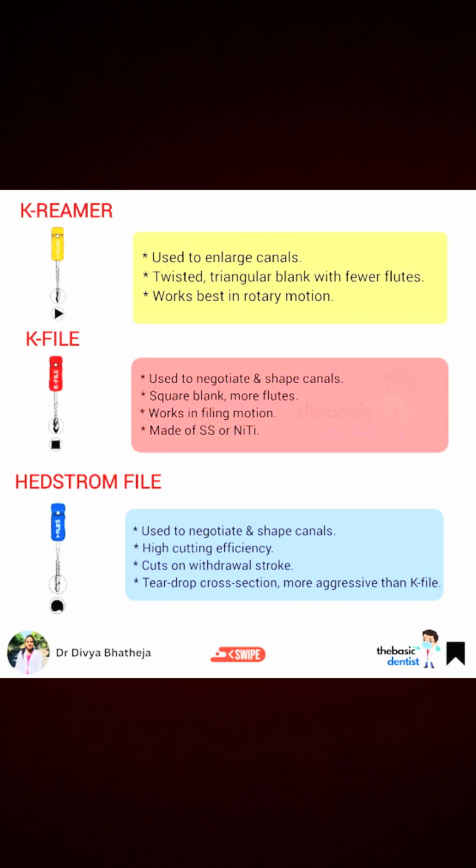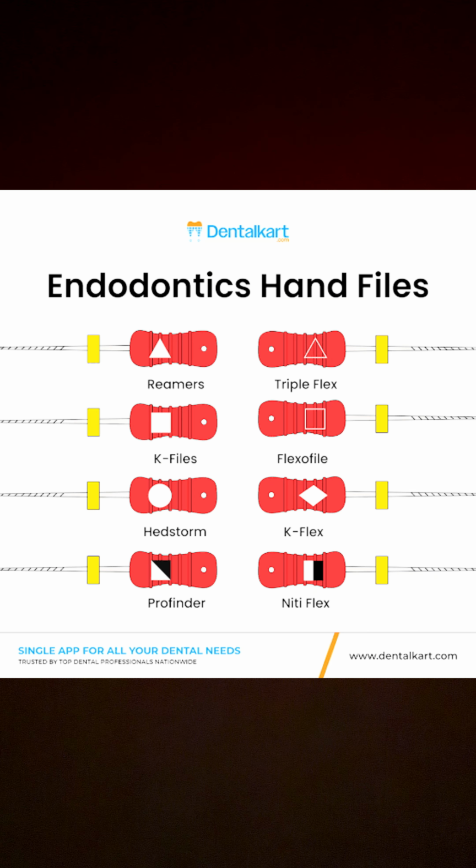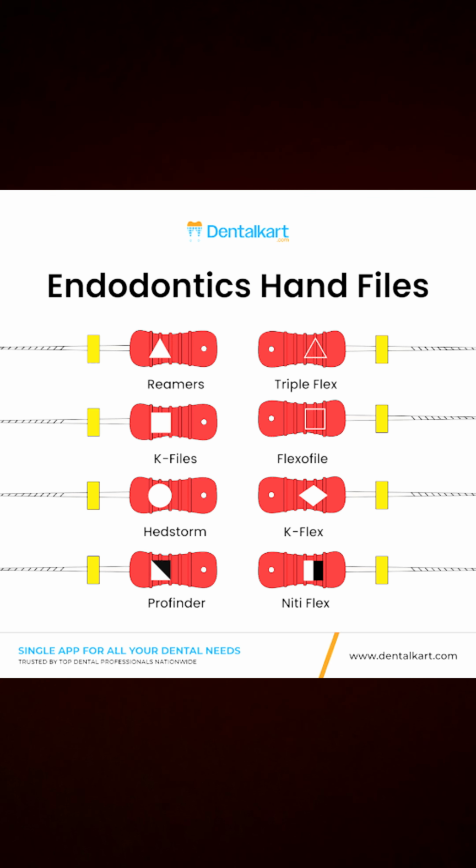A reduction in the cutting tip angles makes the file stay more centered within the canal and enables a more circumferential cutting edge. This modified tip file is called Flex-R file.